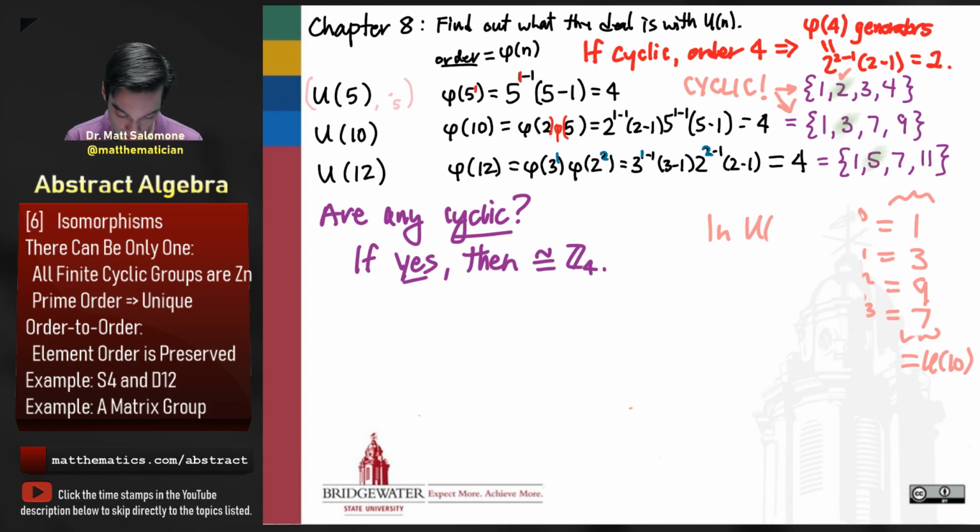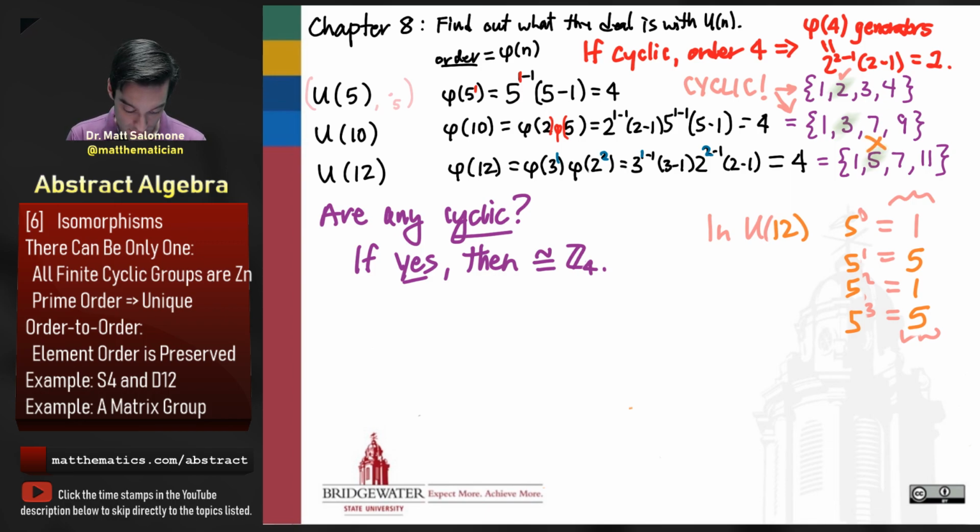So in U12, 5 to the 0 is 1, 5 to the 1 is 5. 5 squared as an integer is 25, but mod 12, that's equal to 1. Multiply that by 5 again, I only get 5. And so I am not getting all the elements of U12. So 5 is not a generator for U12.